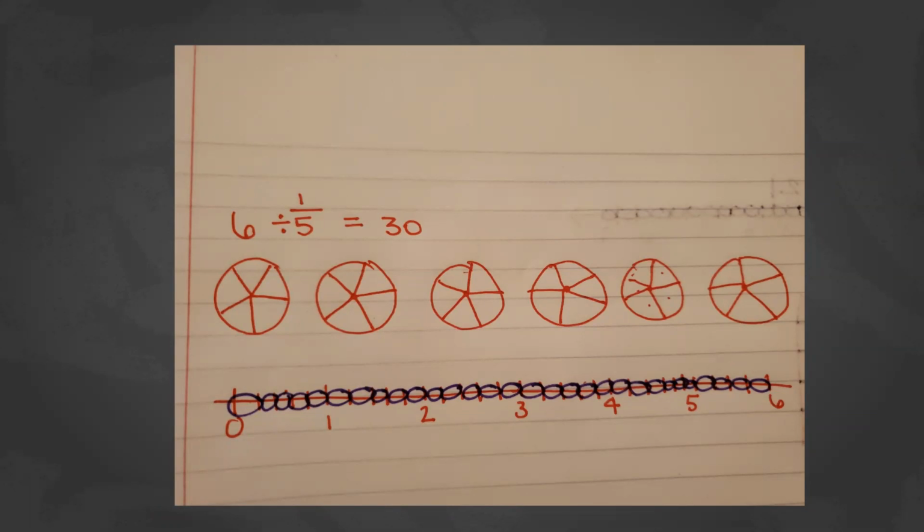So see, you guys, we can see here that we are looking to see how many 1/5 pieces are in 6. And I see something. Do you guys see something? Yeah, I see that there's more 1/5 size pieces in 6, and it's greater than 6.